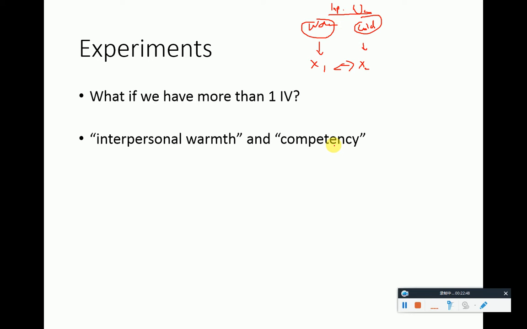You're thinking, well, maybe then the competency of this person will also have some effect on perceived friendliness. How do we know? And more importantly, we want to know whether a person's competency would be combined with this person's warmth and jointly influence the perceived friendliness. What do we do then?